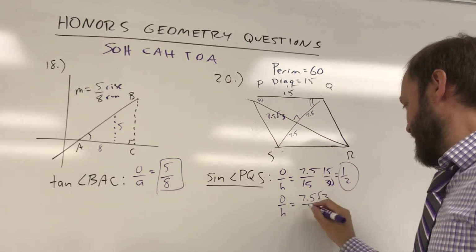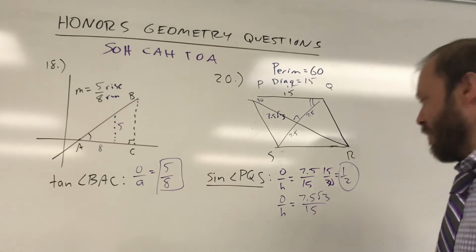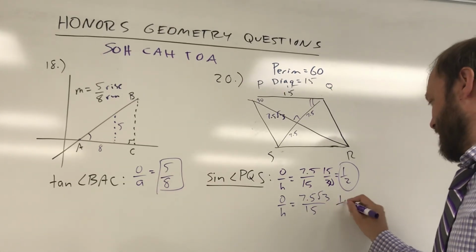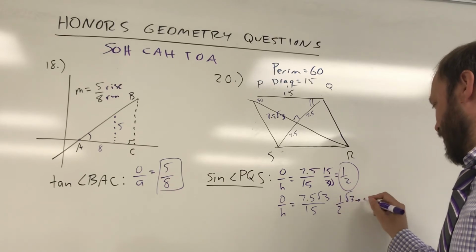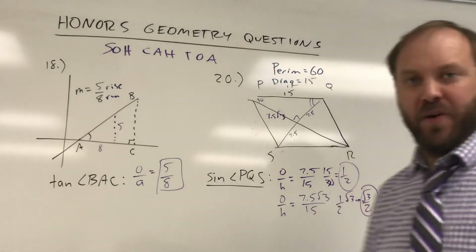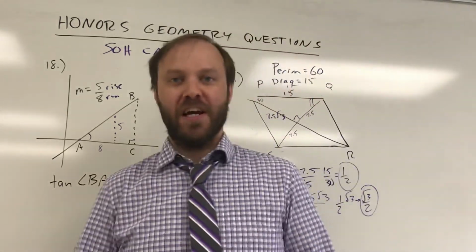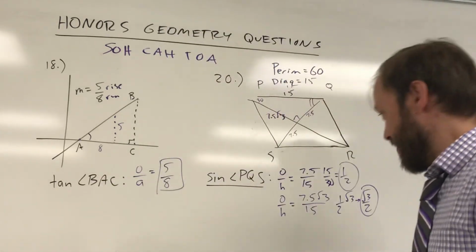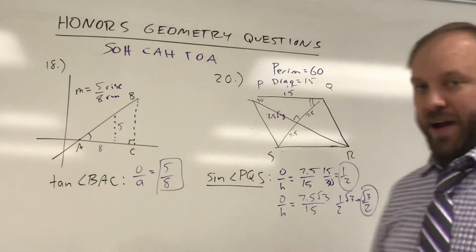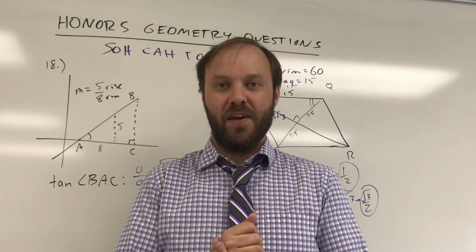The hypotenuse is 15, okay? And once again, 7.5 over 15 simplifies to 1/2. So you've got 1/2 radical 3, or in most cases, we usually write that as radical 3 over 2. That's fine, but radical 3 over 2 is probably what you would see in the back of the book. So 2 possible answers, just depending on whether or not the 15 diagonal is going this way or going that way. Hope that helps on those 2 problems.